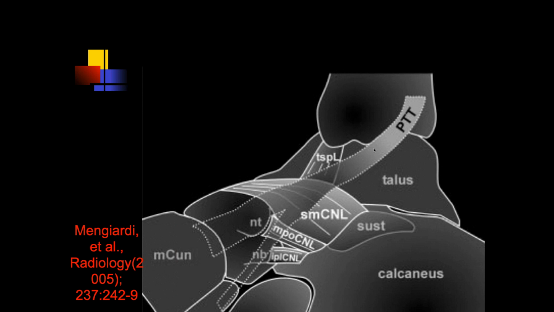Here, you see the posterior tibialis tendon coming across here to attach to the tubercle of the navicular. What you see is that there's a plantar longitudinal ligament down here between the calcaneus and the plantar aspect of the navicular, and then we have the oblique component, and then the superior component of the spring ligament.